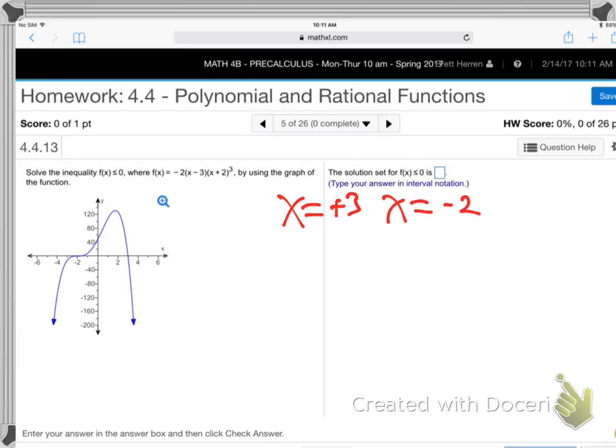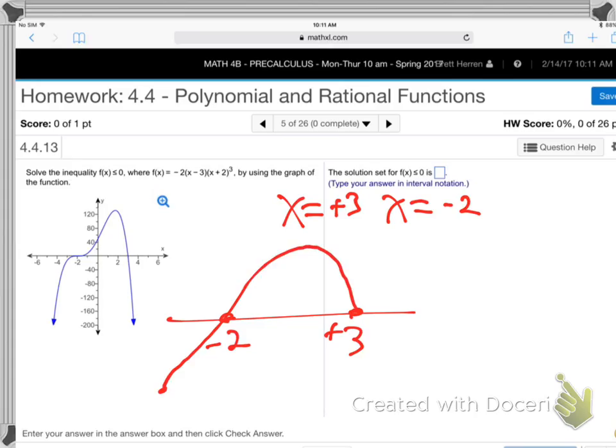Let's say we're pretending we have no picture. Then you would go to the number line, okay, negative 2 and positive 3. Those are the places it hits 0 and nowhere else. So now I just need to figure out, is it below here and then maybe above and then below? Or maybe it's above and then below and above. I don't know. I've got to figure out which of those it is if I want to know where it's above and where it's below.